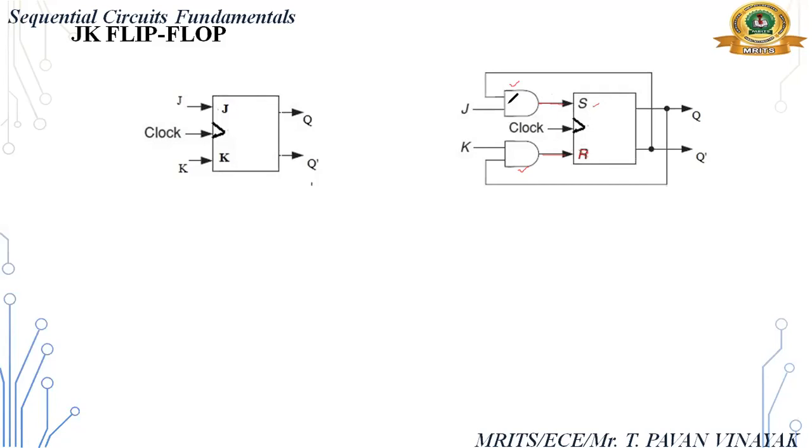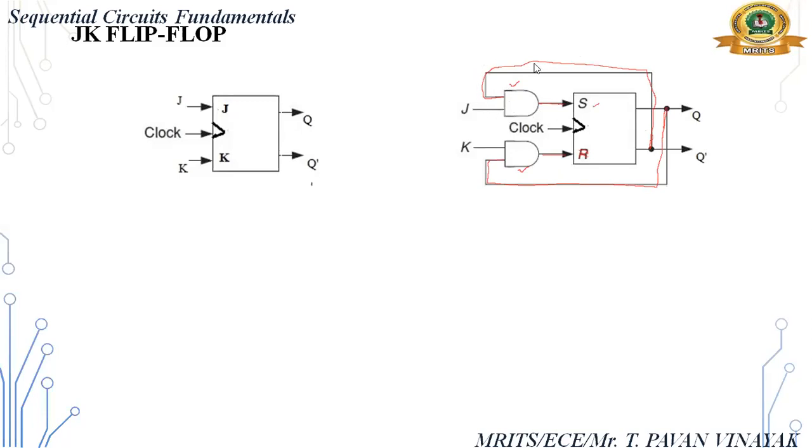Now, for the first AND gate, I am giving the input Q bar. Cross coupling: the complement output is given to the first AND gate, and the normal output is given to K. I am cross coupling here.